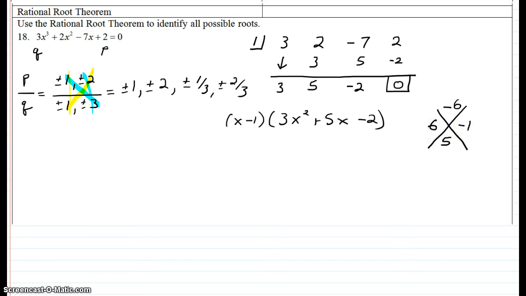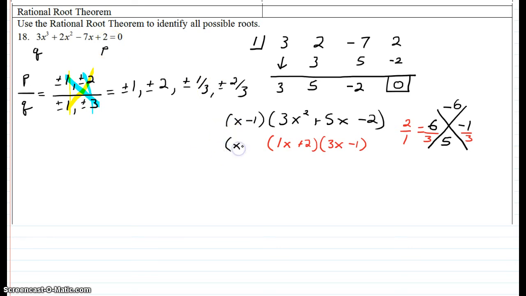And so now what you can do is take the leading coefficient and write it underneath your answers, and then reduce this. So this becomes 2 over 1. You can't reduce a 1/3. And so now we take the 2 over 1, and we're going to write our factors. And so here, this 1 is our coefficient in front of the x, plus 2. This 3 is the leading coefficient here for this factor, so I get 3x minus 1.